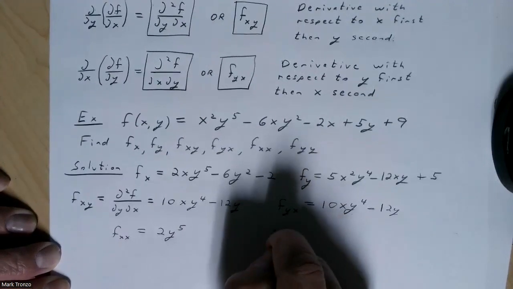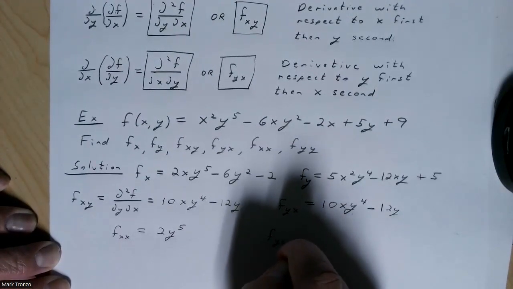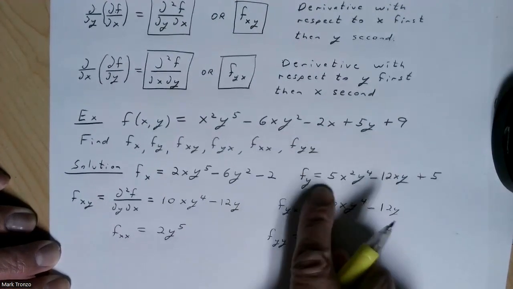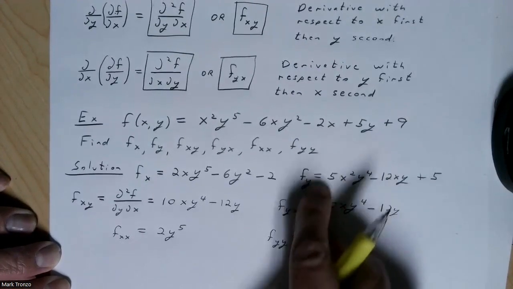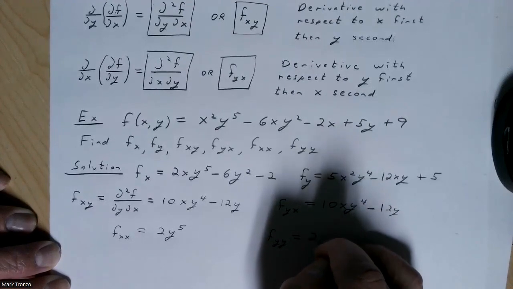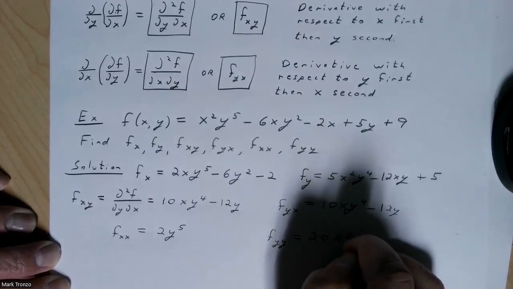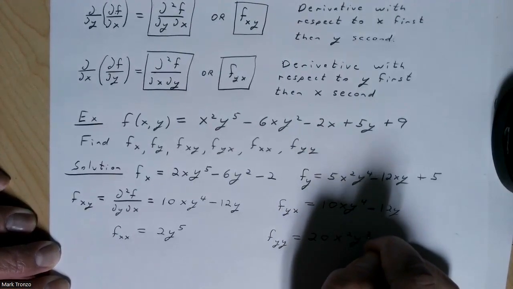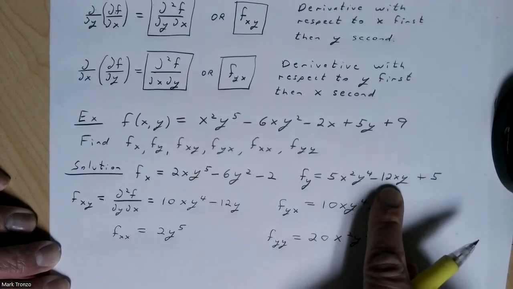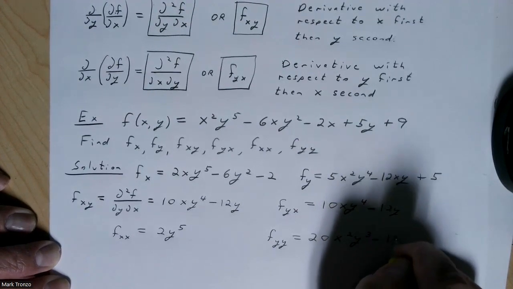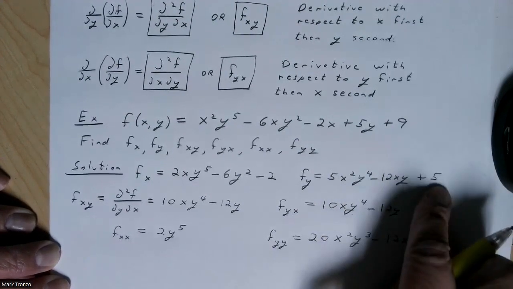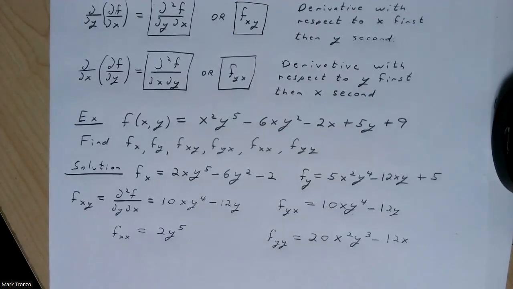Then over here, fyy. Go back to this one, take another derivative with respect to y. That's going to be what? 20x squared y cubed. And then over here with respect to y, it's going to be minus 12x, and that's going to be 0.